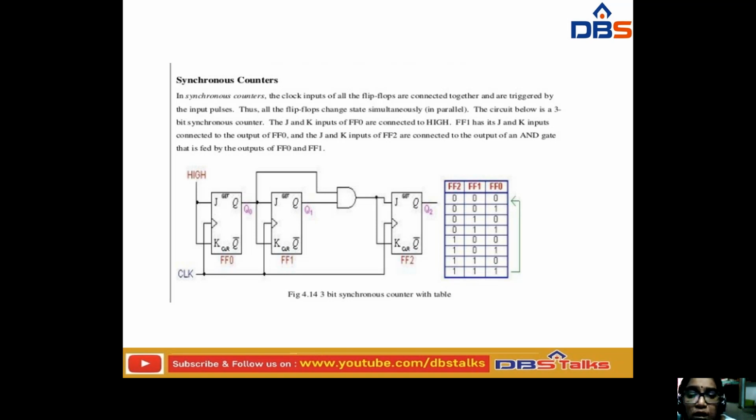Previously we said that for a 3-bit synchronous counter, the possible number of outputs that we are going to get is 2 power 3, that is 8.